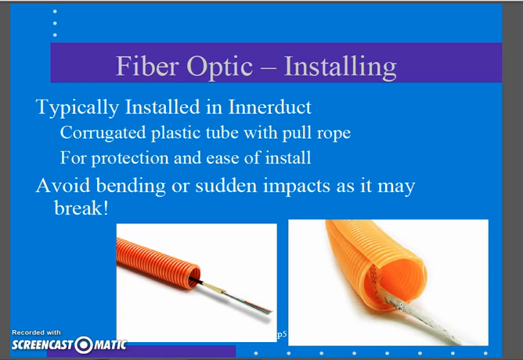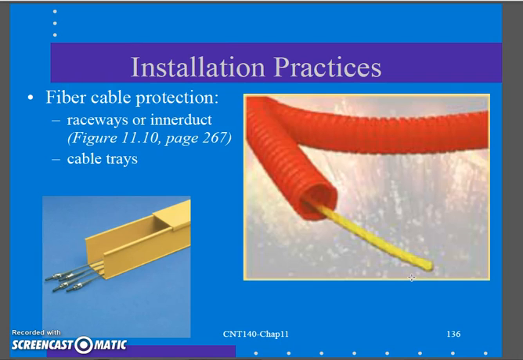I lay this interduct up in my cable trays, and once it's all there, I carefully tie the fiber onto the rope. There are special pull eyes that cradle the end connector, and I carefully pull it through this interduct. So it gives me protection, but it also gives me a low friction, easy path for installing my fiber. It's typically installed in these interducts and raceways for protection.